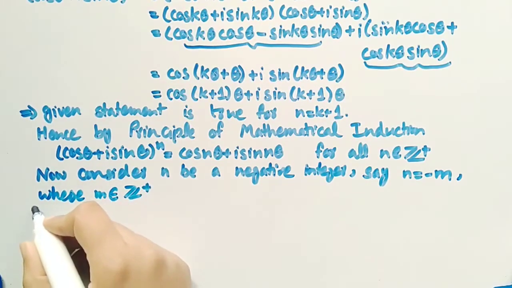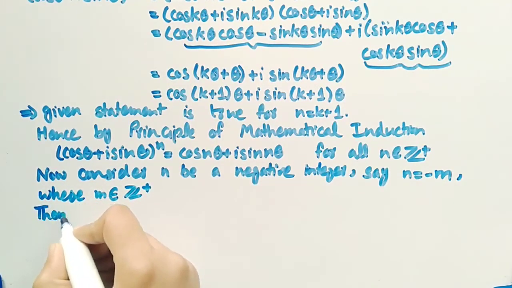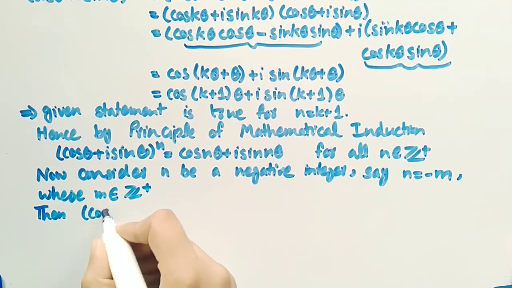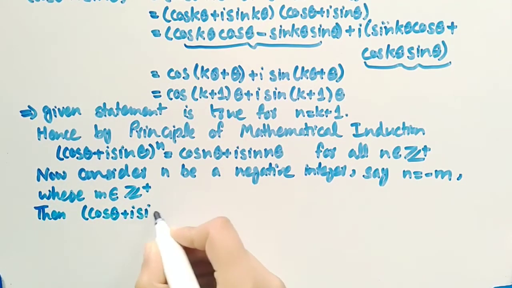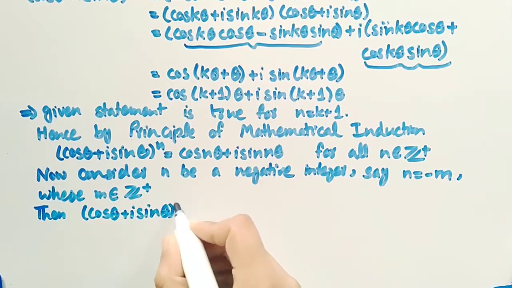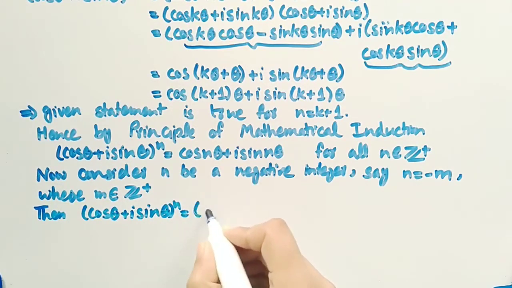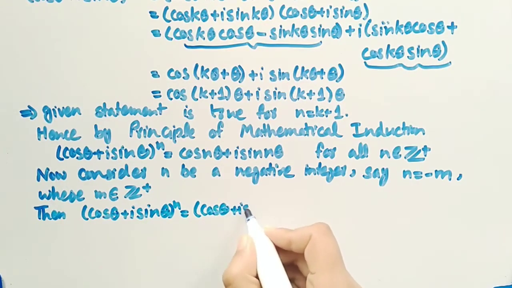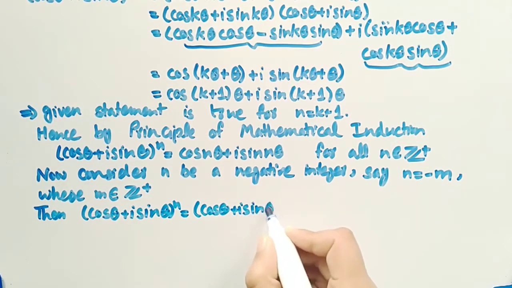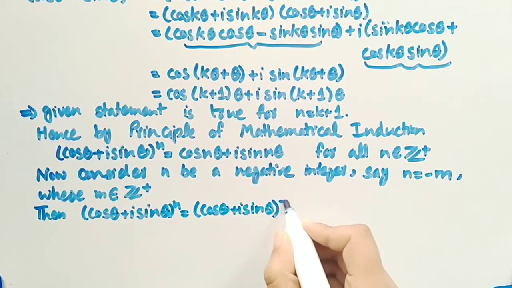Then (cos theta plus iota sin theta) raised to power n is equal to (cos theta plus iota sin theta) raised to power minus m.